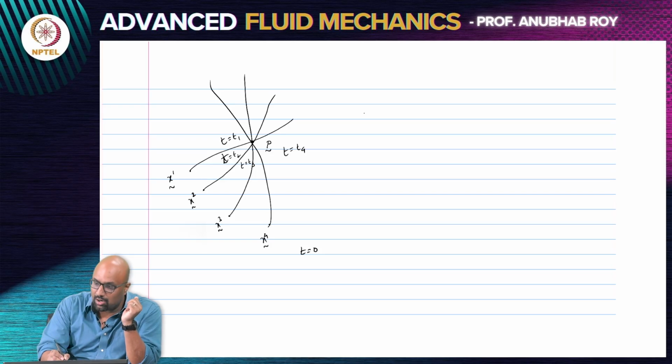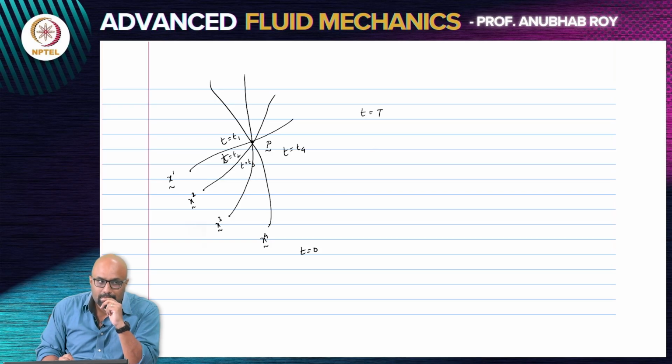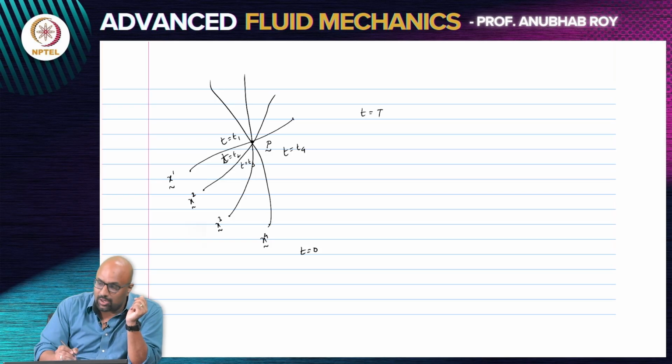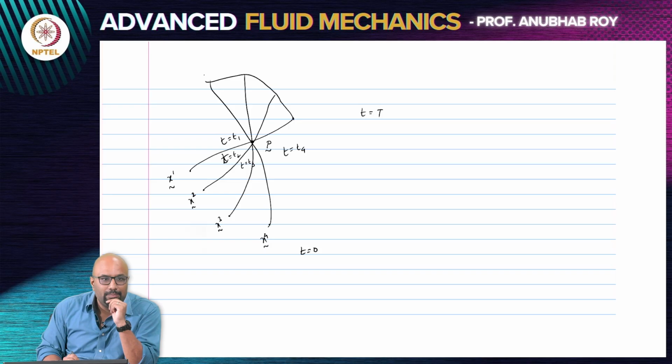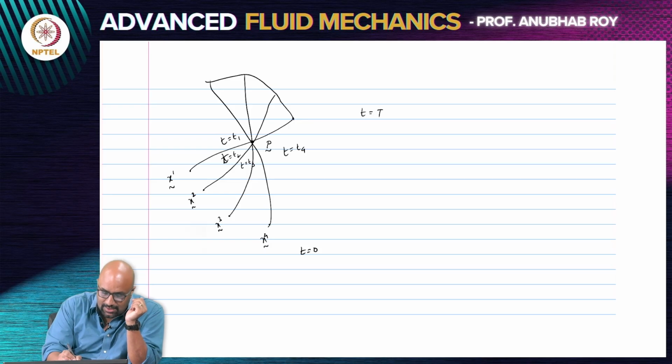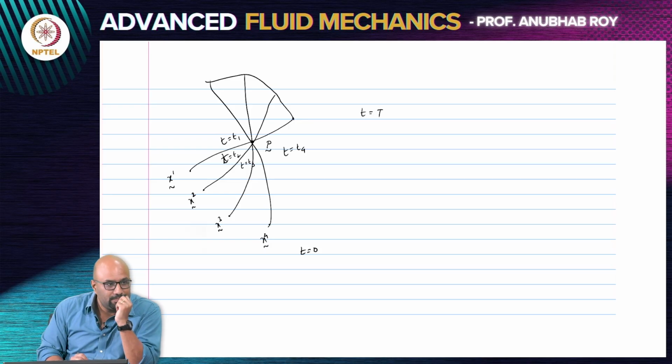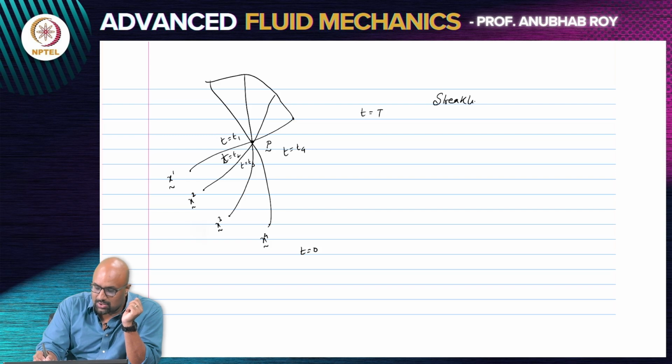Now let's say your clock stops at time t equals capital T, which means where it is going to be located is obviously again a very different point. And now if you connect this, you are going to get a curve, right? So this gives us a picture which is known as streak lines.